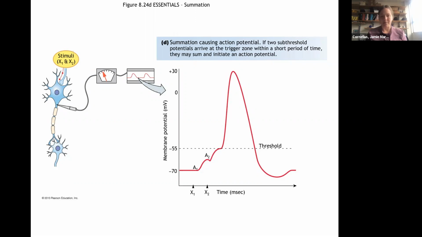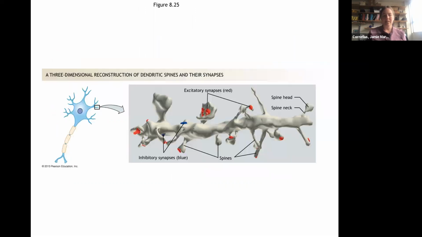So this is just a three-dimensional view of how these synapses are actually typically arranged on a dendrite. You can see there's a lot of three-dimensional complexity to these dendrites, and some dendrites might be characterized by having a lot of inhibitory synapses.